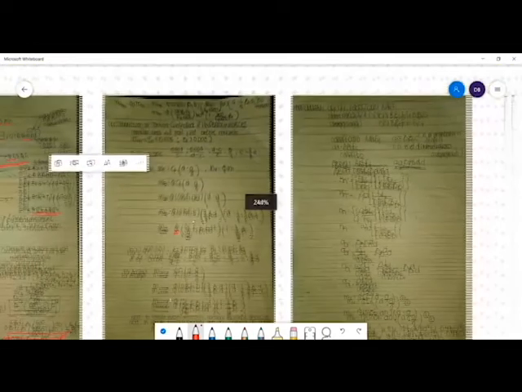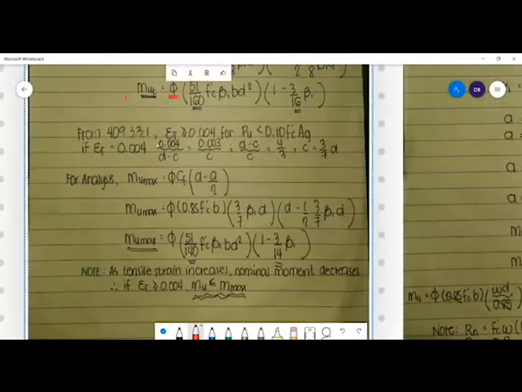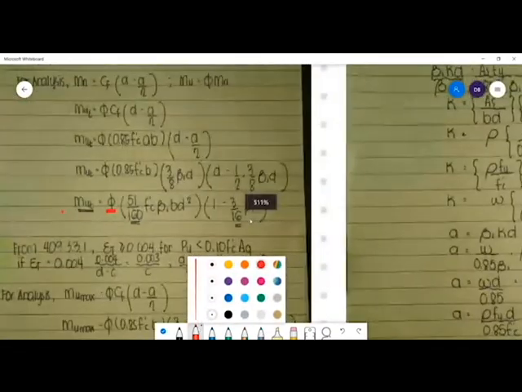Pero ang pinaka maximum na strain niya should be 0.004, for P_u less than 0.1 f'c A_g. If it is equal to 0.004, we are able to say that c is equal to 3/7 of d.